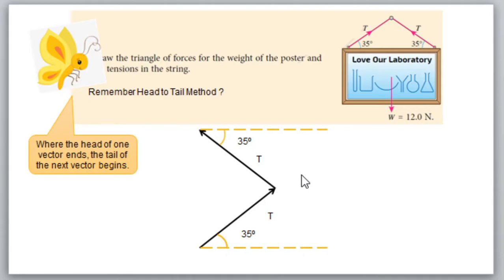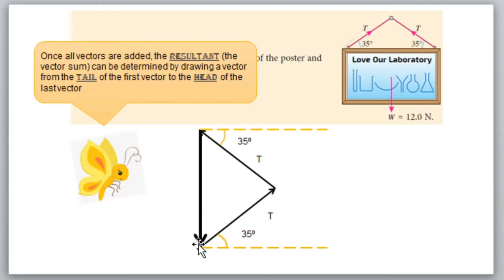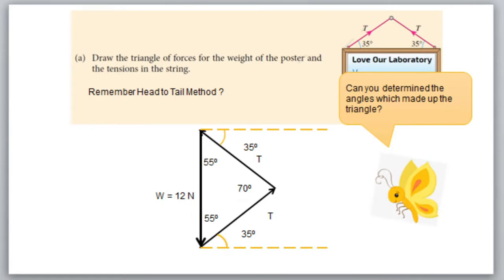So how do we connect the forces? Where the head of one vector ends, the tail of the next vector begins. And then from the head of the second vector to the tail of the first vector is the resultant force. We have determined the angle which made up the triangle.